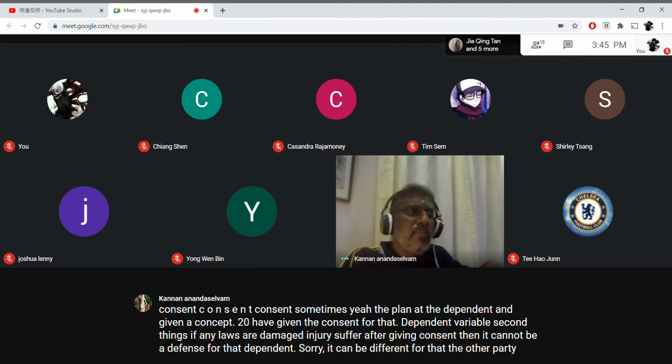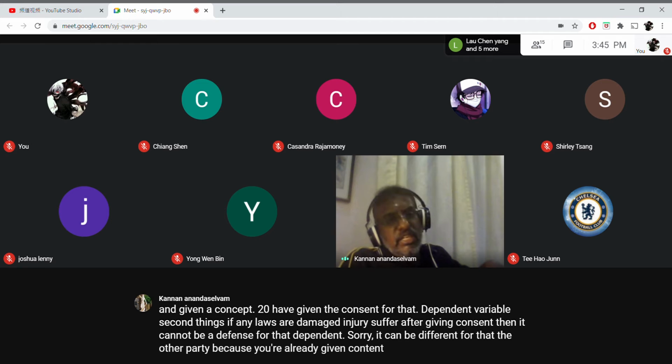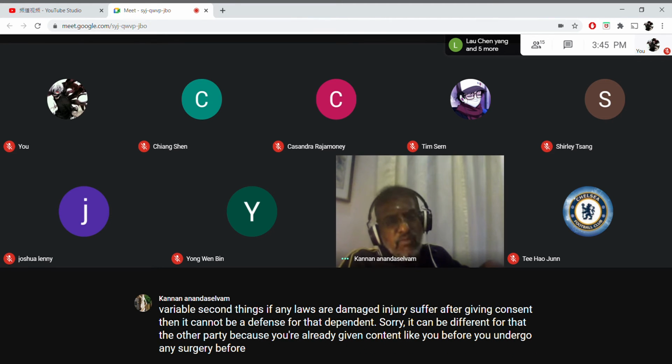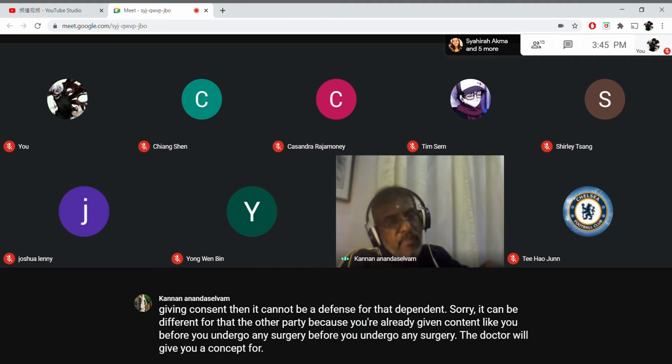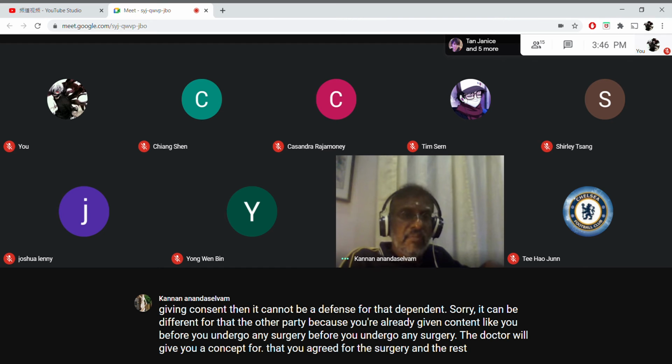Like before you undergo any surgery, the doctor will give you a consent form that you agreed to the surgery, and that there is a risk in doing this surgery. You have already signed.